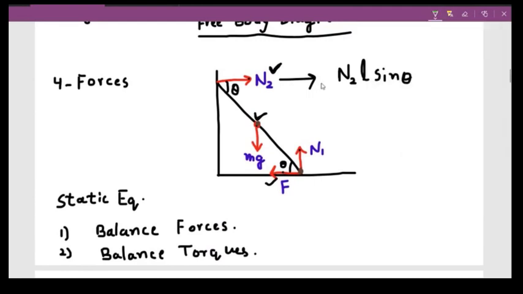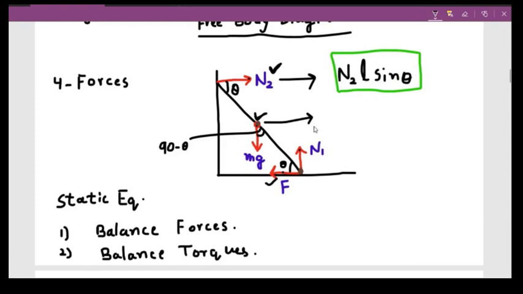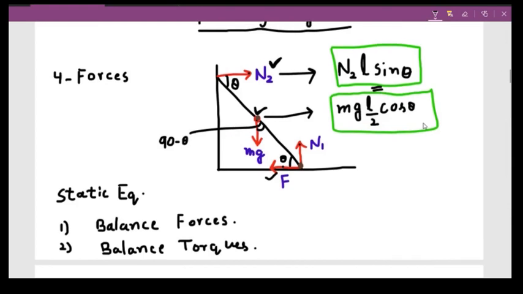Now this angle here is 90 minus theta, so the torque produced by the gravitational force will be mg times the half length of the ladder, L by 2, times cosine of theta. To balance them out, they must be equal in magnitude.